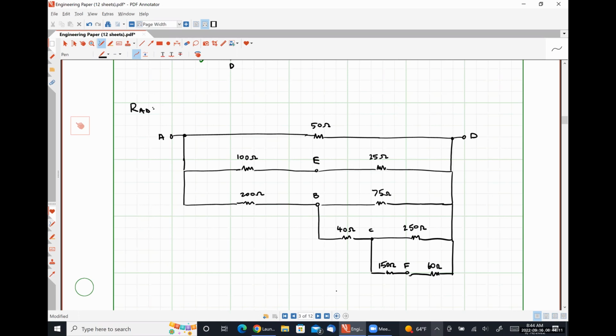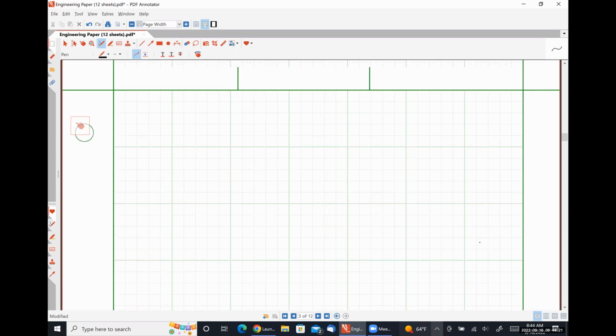Let's do one more example here, tying this into circuit analysis. Okay.